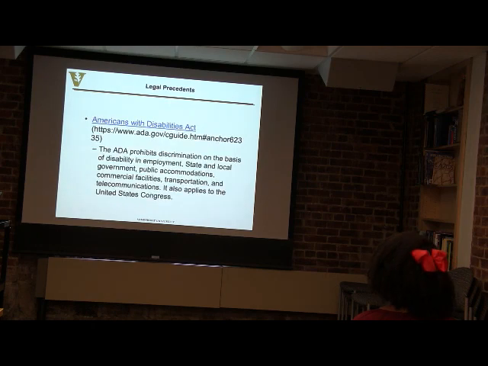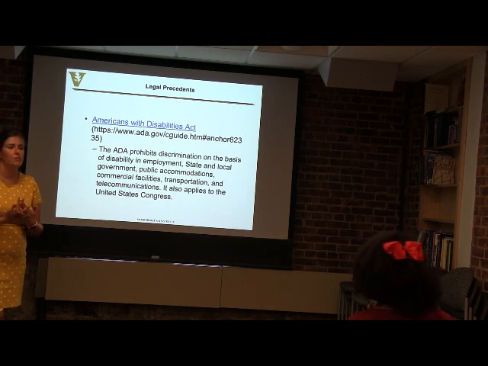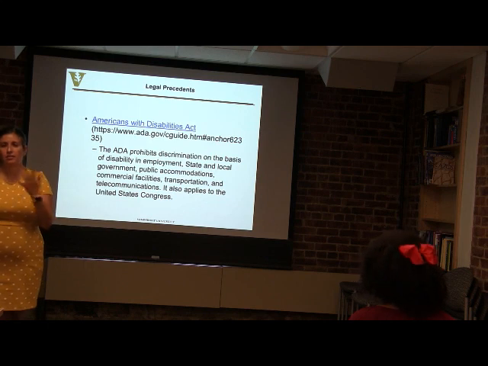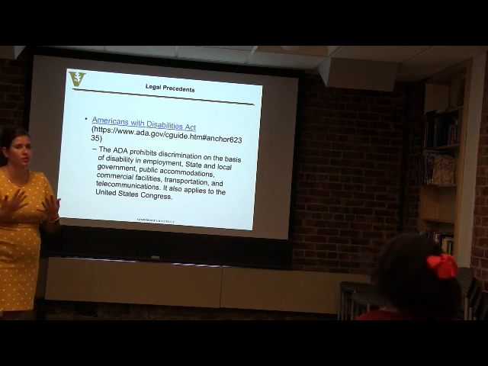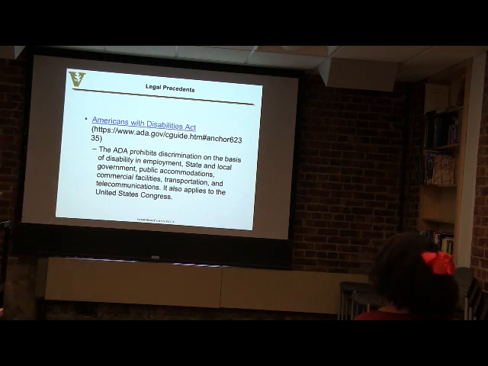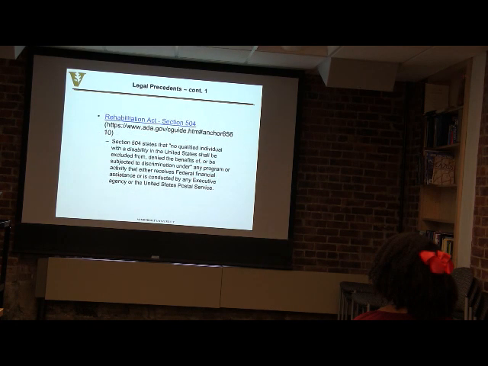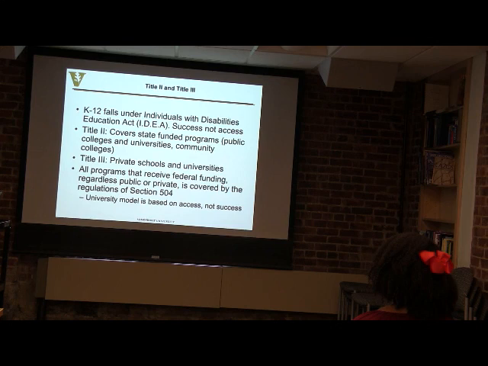So the ADA, it's a really long act, it's a Civil Rights Act, but what it says is that we can't discriminate against people with disabilities, so overall, no discrimination is the short end of it. Okay, so there are two different pieces of the ADA.